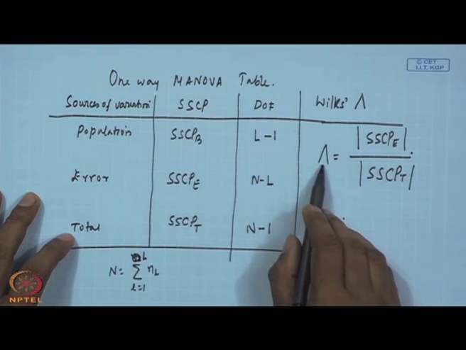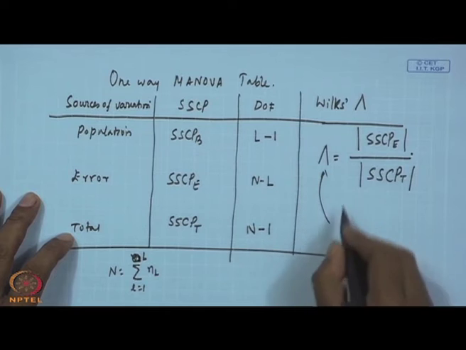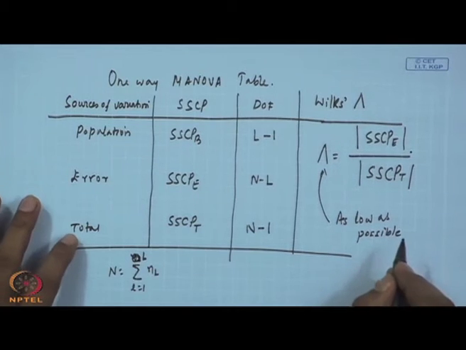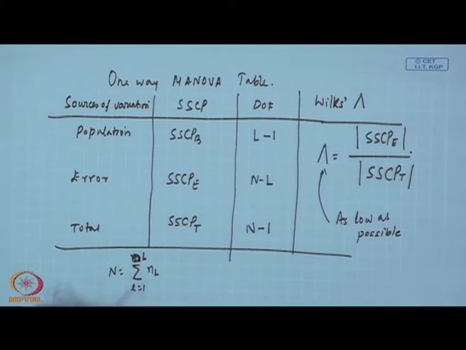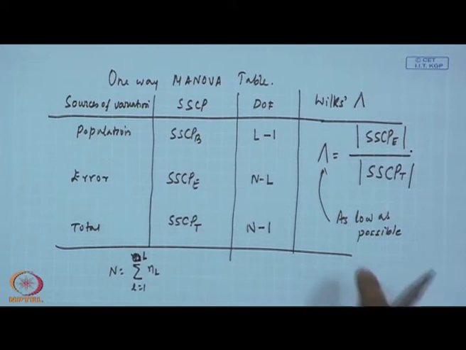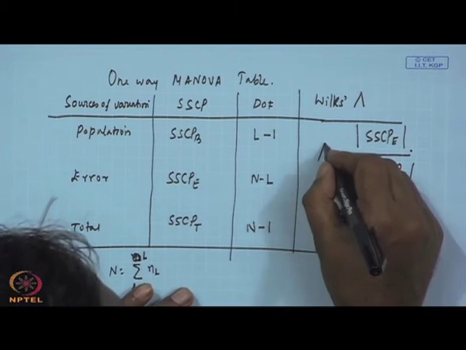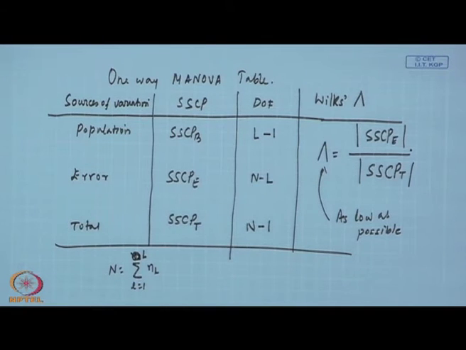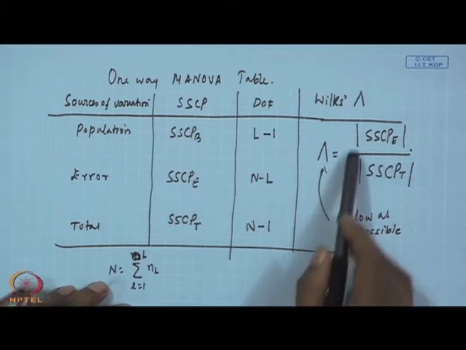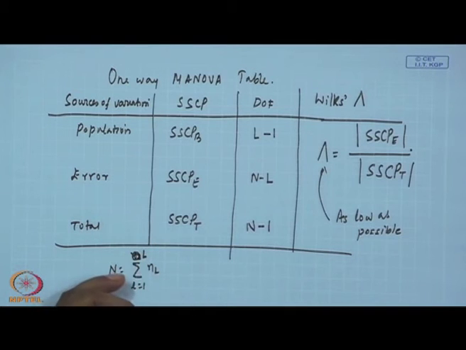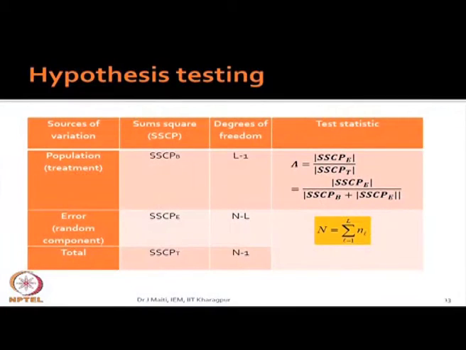So, this quantity will be as low as possible, or in other words as small as possible. There are certain distributions available using Wilks lambda, and if you go by multivariate books you will find that different combinations, different sampling distributions are available. We will show you a general one in this class.